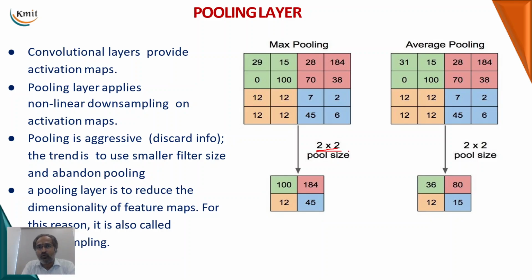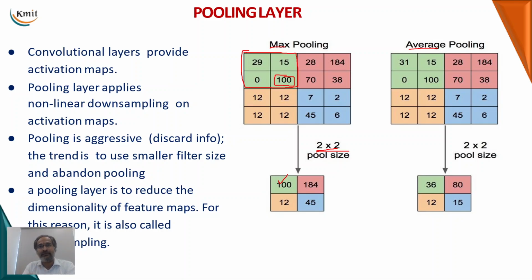If you apply the 2 by 2 pooling layer, this is the image. In this image, the first 4 pixels will be in the 2 by 2 pool. There are two types of pooling, average and max. In max pooling, the maximum value will be considered out of these 4 values, meaning that from 4 values we are taking one value.